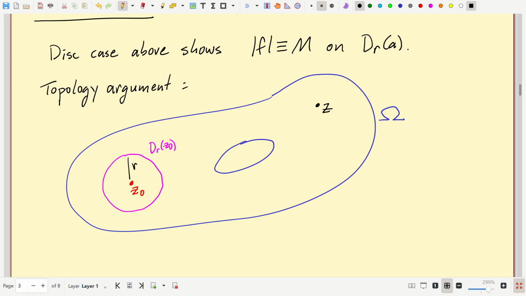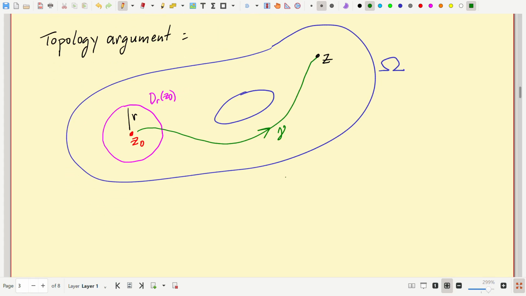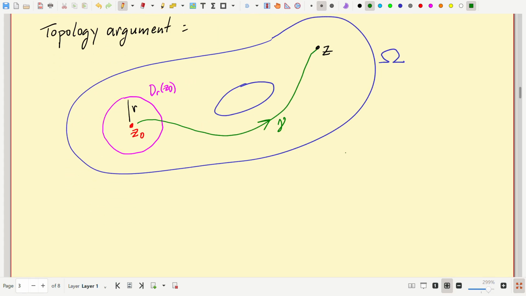If I take a curve that starts at z naught and goes to z, let's call that gamma, and let's parameterize gamma by z of t as t goes from little a to little b.